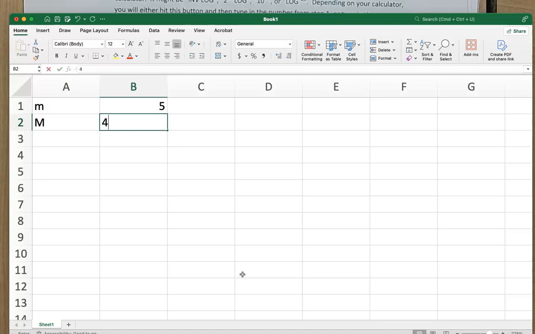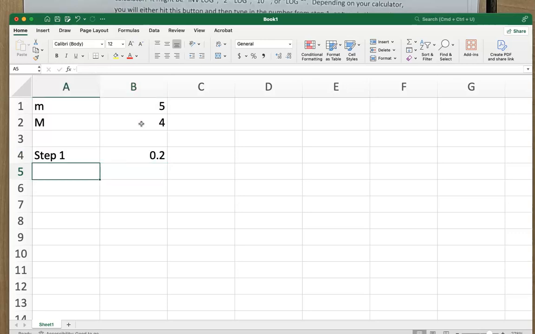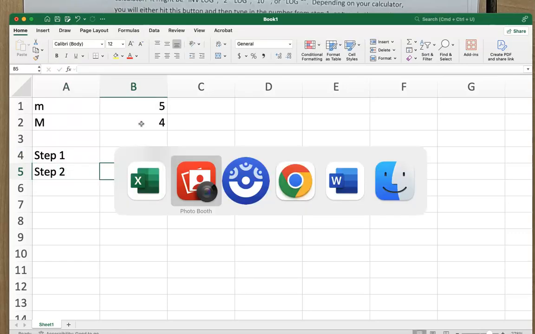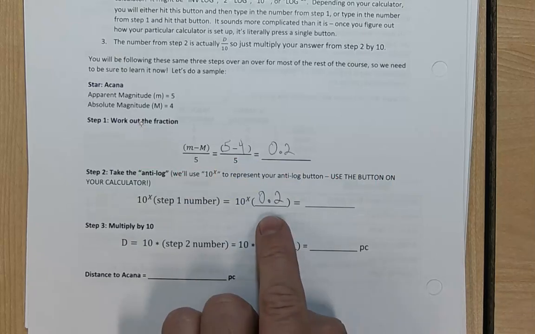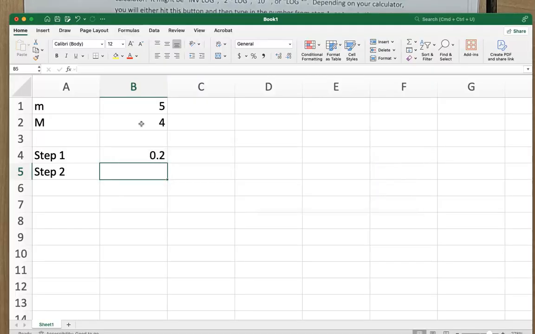Big M here is 4. And then we'll say, all right, so step 1 is, parentheses, apparent magnitude minus absolute magnitude over 5. Okay. Step 2 is, take that value, take 10 to the power of that value, so equals 10 to the power of little m minus big M over 5 is, okay, 1.58.